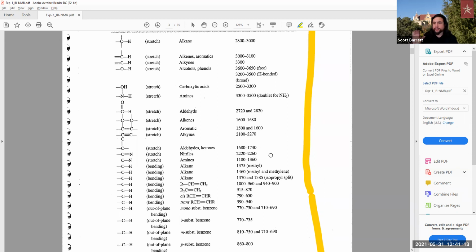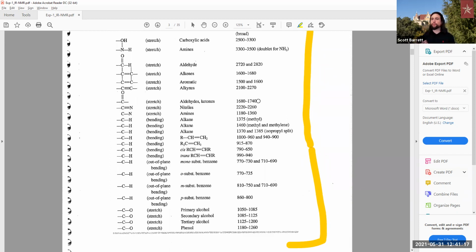However, nitriles and alkynes are very similar. They're both triple bonds, and those are the more important ones that need to be memorized, because those are so unique. You will not normally find that in random compounds that do not have triple bonds. They would just be flat, maybe just very light interference from the background. But this will be very obvious on a graph when you have a nitrile with a very significant peak.